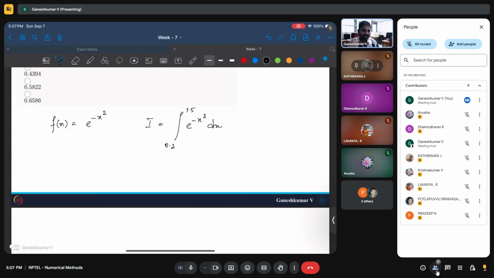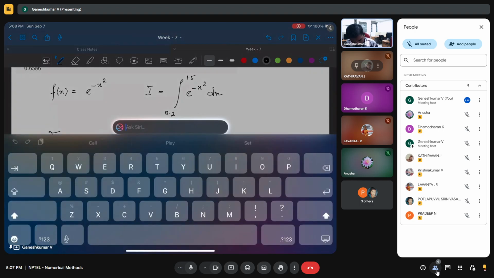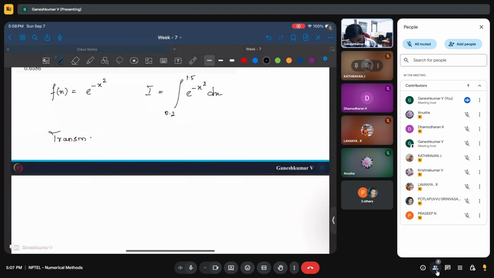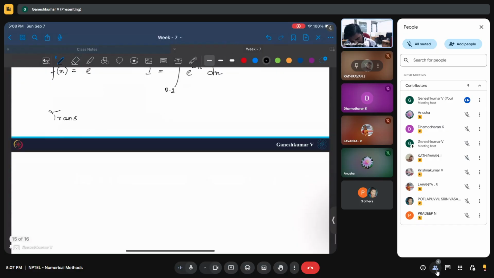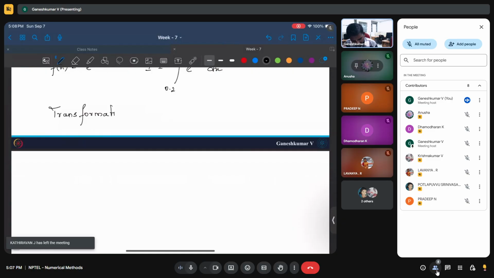First thing is you cannot apply the Gauss-Legendre formula directly because the interval does not vary from -1 to 1. So you need to apply a transformation to change these limits from 0.2 to -1 and 1.5 to 1.